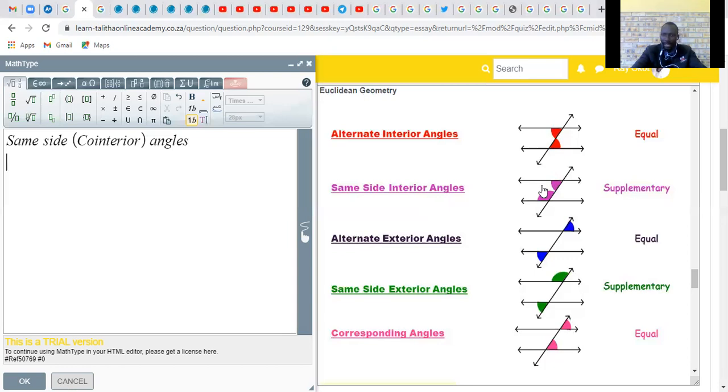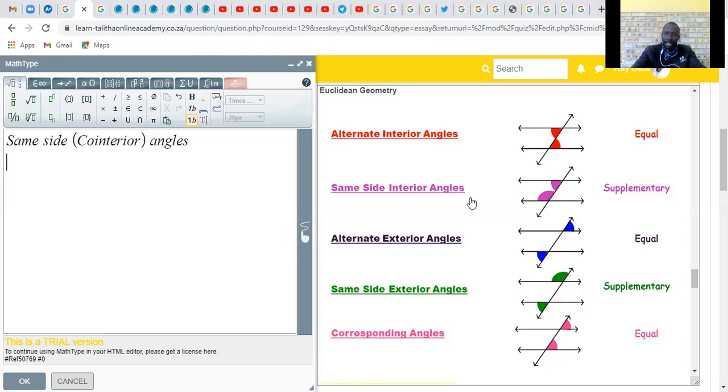As I indicated, when these angles that we call co-interior angles add up, they add up to 180. Supposing this one is known, say 45 degrees, that means this other one must be 135 degrees, so that at any time, co-interior angles or same-side interior angles will add up to 180 degrees.